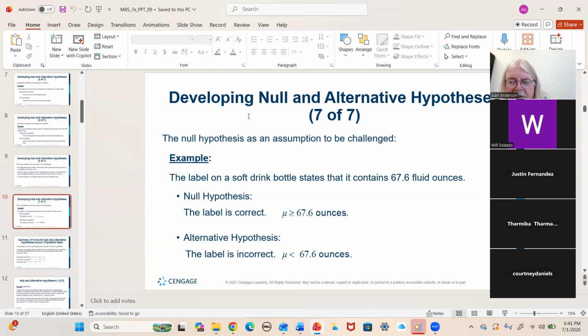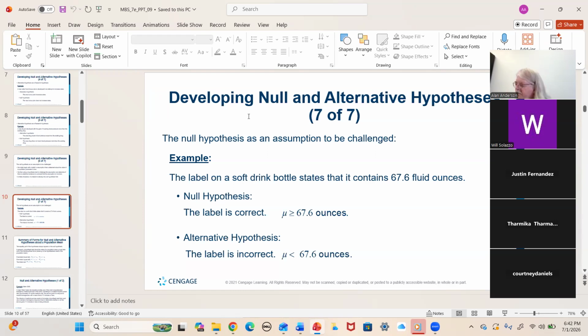The thing is, according to the setup, if the bottles are just a little bit over full, it's not really a problem. But if they're under full, there's not quite enough soda in there. That's a problem because then we could get into trouble with the FDA. So what we need to do is test the bottles and try to find out if they are underfilled.